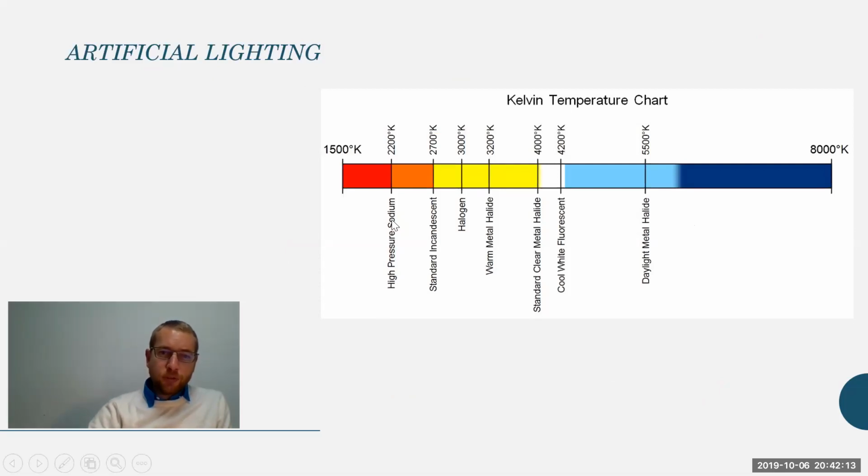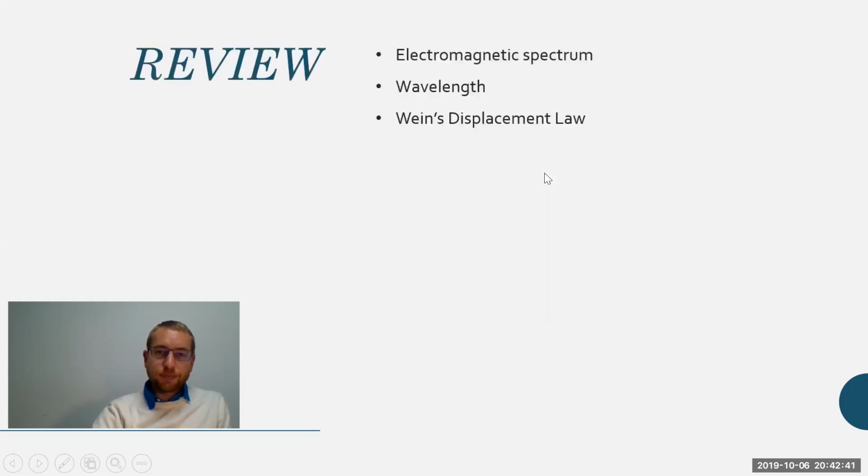So actual fixtures along the spectrum, so those like old sodium orangish street lights, those would be high pressure sodium lights, would be at 2200 Kelvin. Your standard incandescent light bulb, your Edison bulb, is about 2700 Kelvin. Whereas halides and fluorescents are going to be higher up in this bright white 4200 Kelvin range.